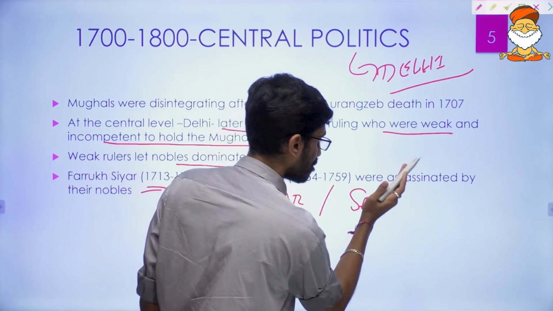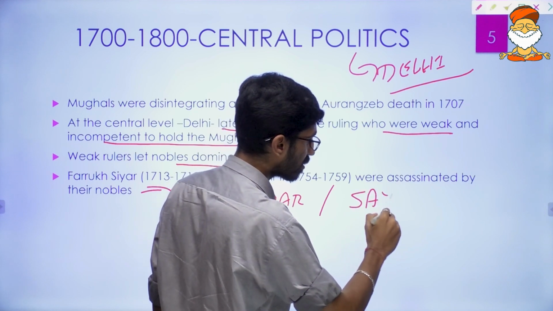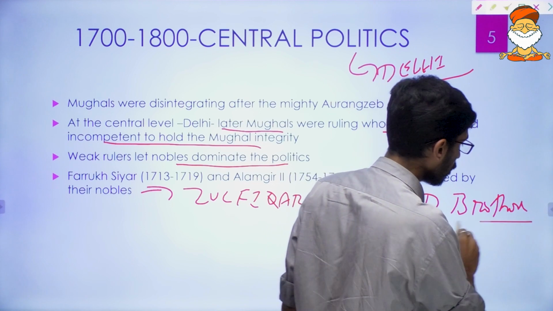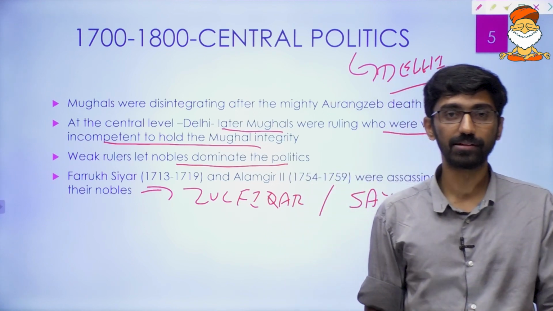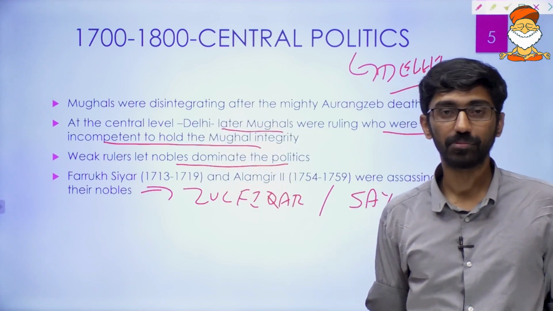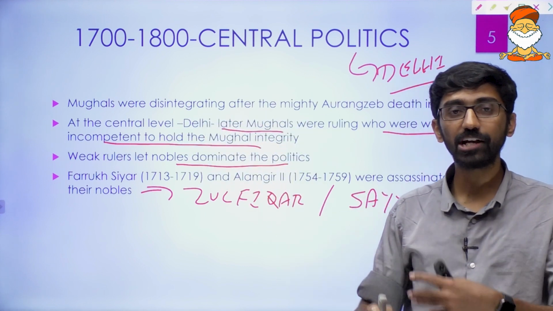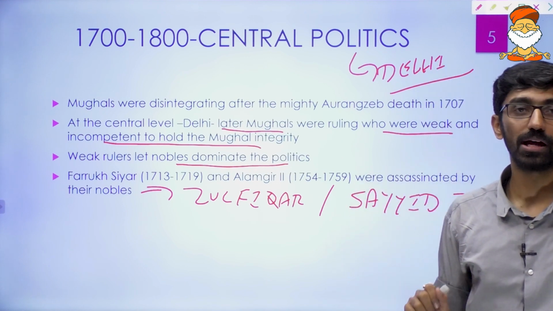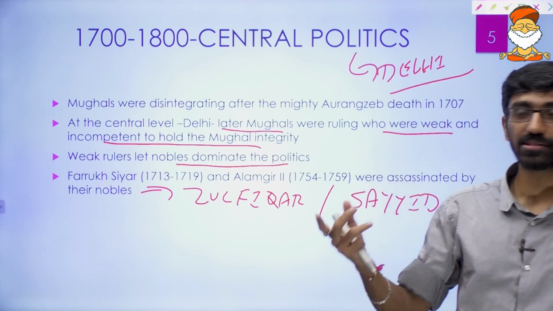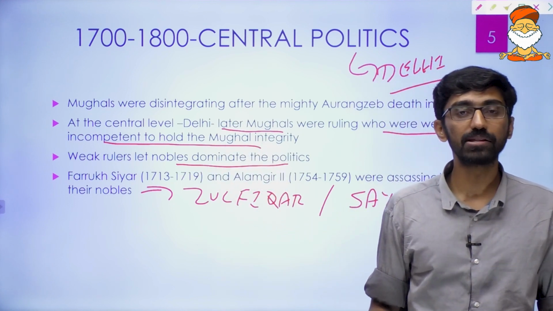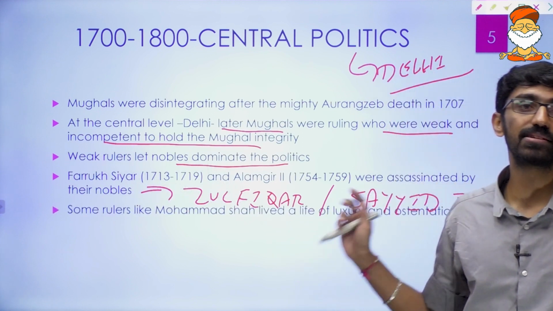The Sayyid brothers were far more powerful than the Mughal kings. They were the real center of power compared to the kings themselves. So these nobles dominated the political system, they were the real center of power behind the throne, and they went to the extent of assassinating the Mughal emperors. That is how weak these successors were.